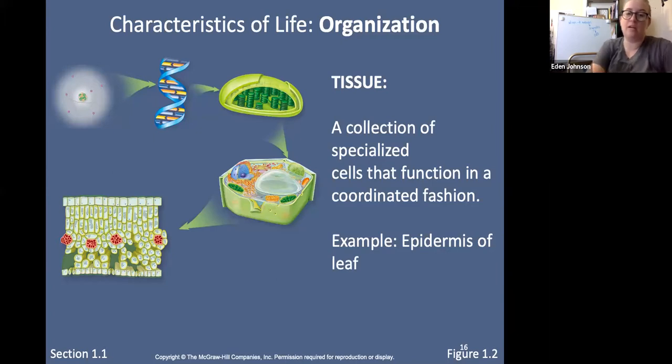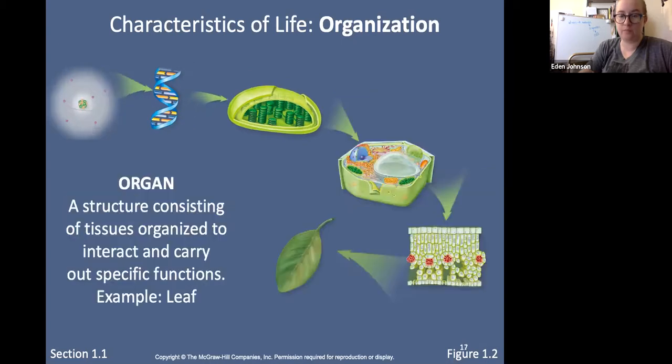So think of all different types of tissue. You have your nervous tissue, you have your epidermal tissue, you've got your dermal tissue, you've got your cardiac tissue, all sorts of stuff. And they all function in a specific fashion. Then tissues are going to come together, different tissues with different functions come together to make organs, which are structures consisting of tissues organized to interact and carry out specific functions.